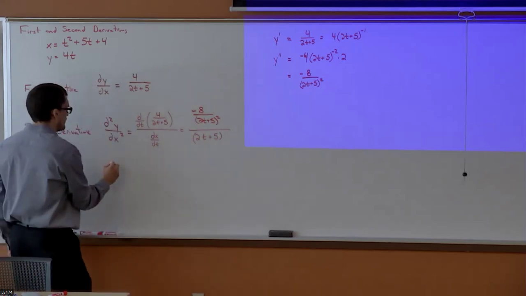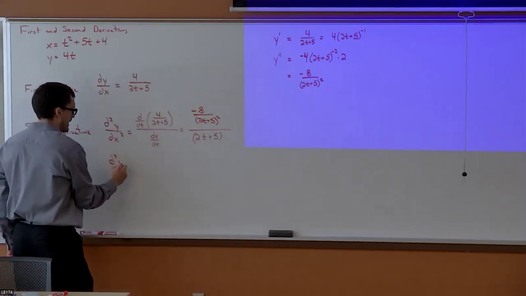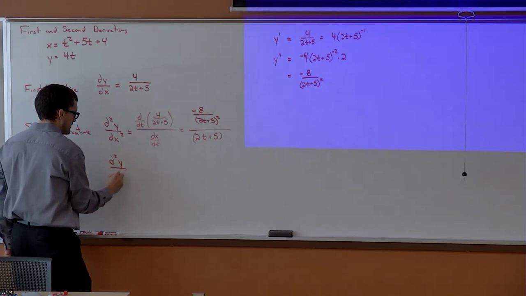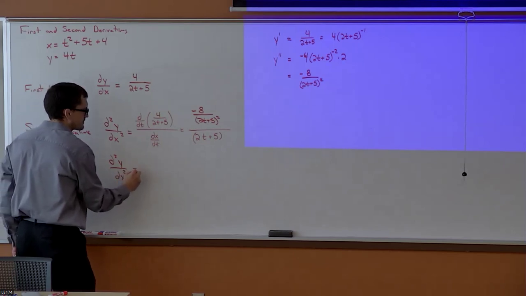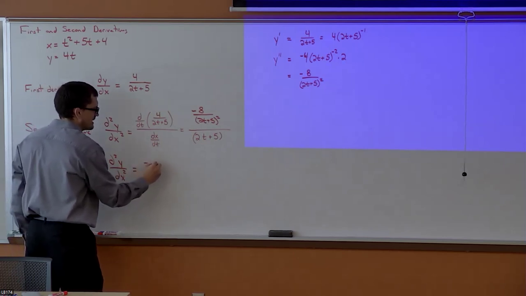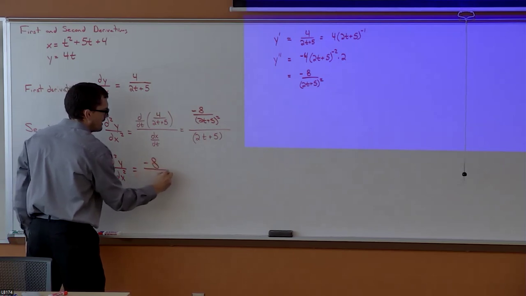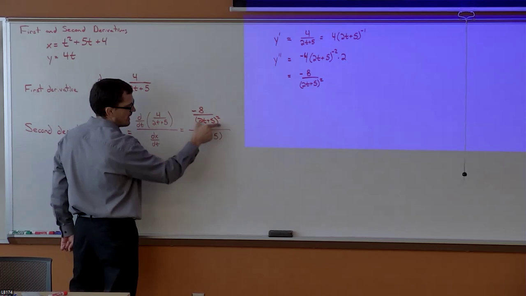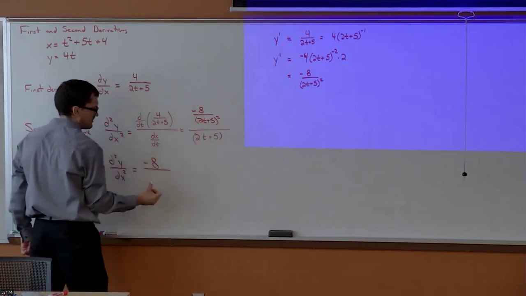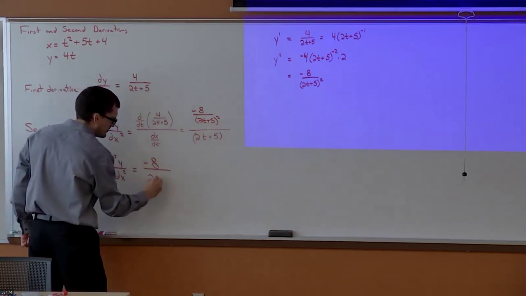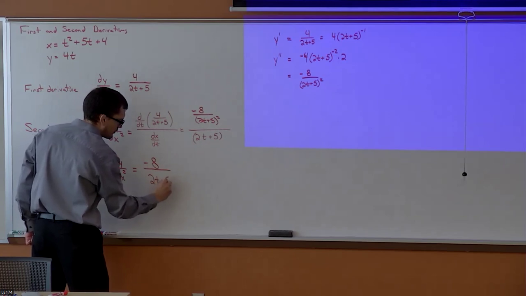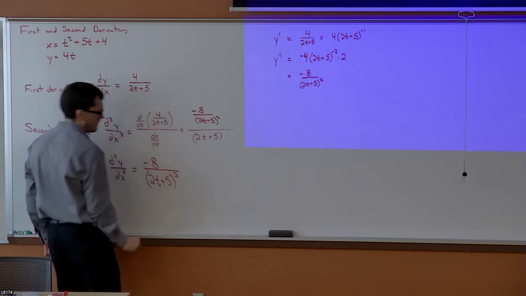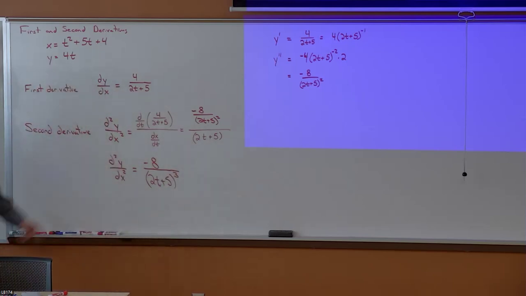So my second derivative, when I clean that up, is actually -8 divided by, well, if I have 2t plus 5 squared and I'm dividing by another 2t plus 5, that's 2t plus 5 to the third power. So the second derivative is right there.